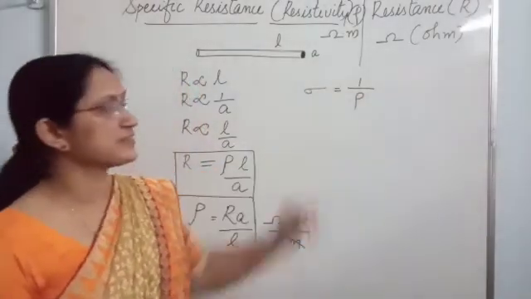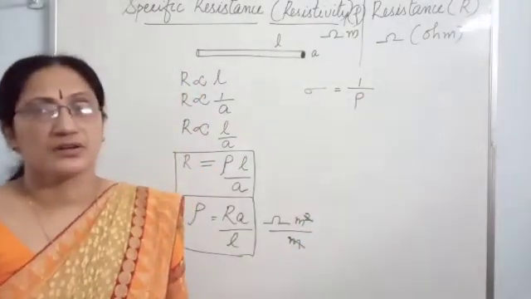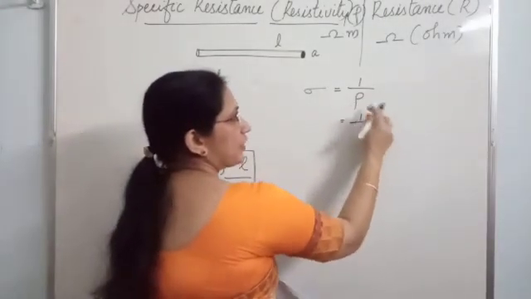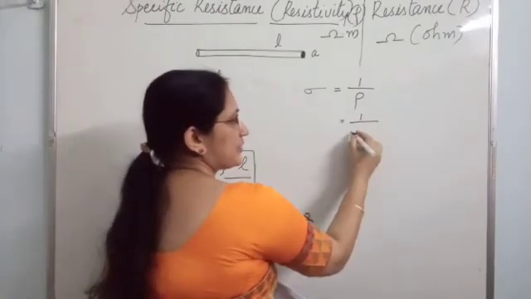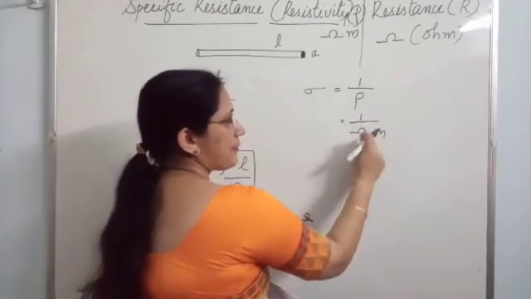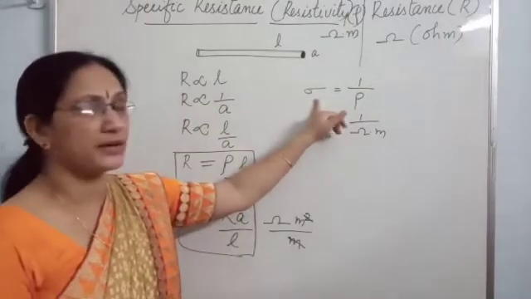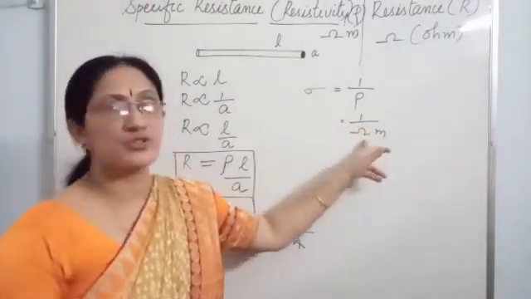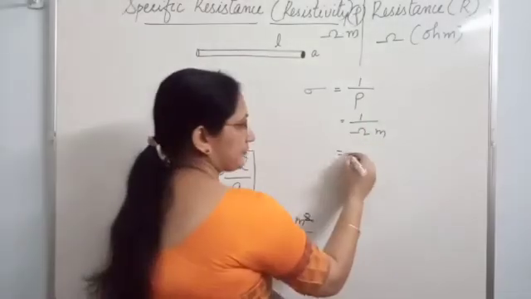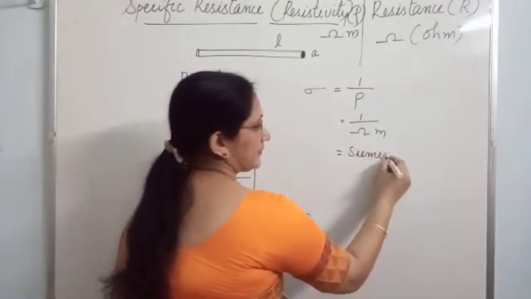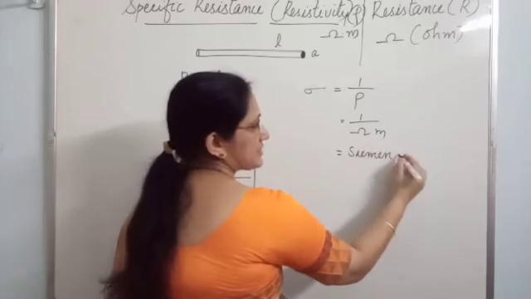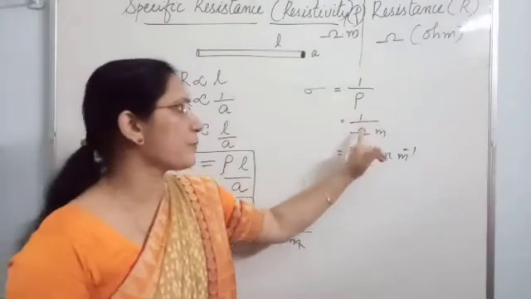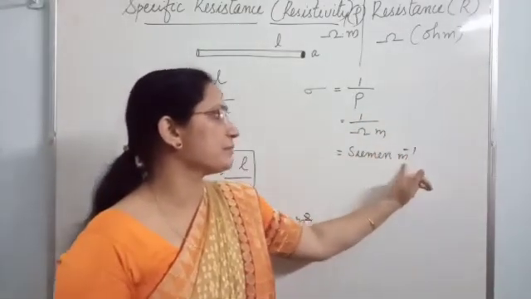And unit of conductivity, since resistivity unit is ohm meter, is 1 upon ohm meter. 1 upon ohm is also known as Siemens. So the unit of conductivity you can write as 1 upon ohm meter or Siemens per meter.